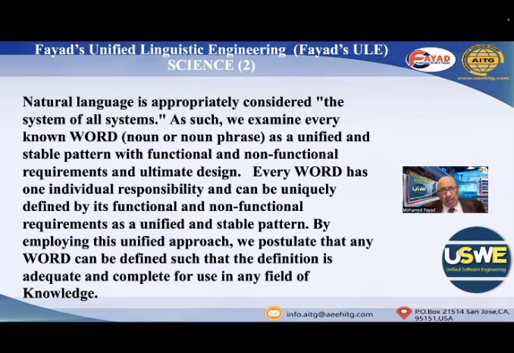What is the form of a CRC card? Class, collaboration, and responsibilities. I have a unique one. I have it as class, responsibility, and collaborations. Not responsibilities, this is just crazy.